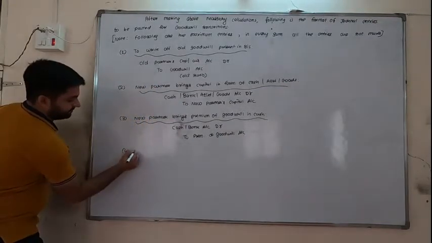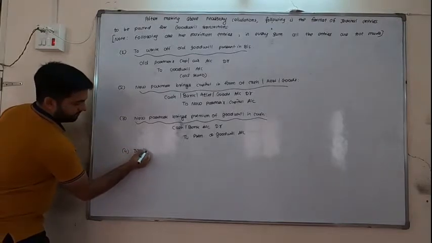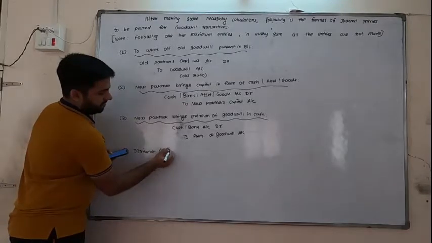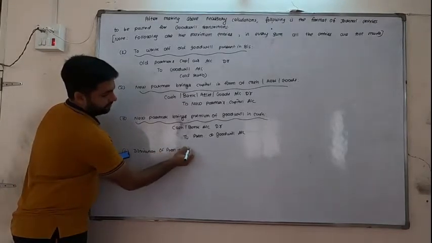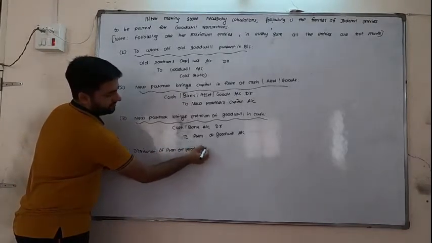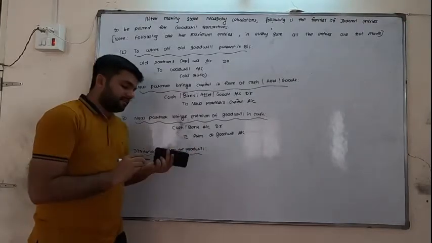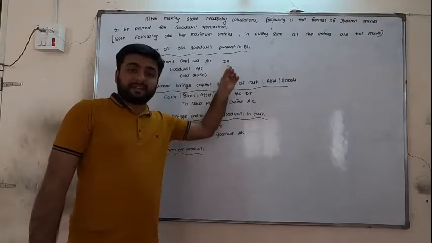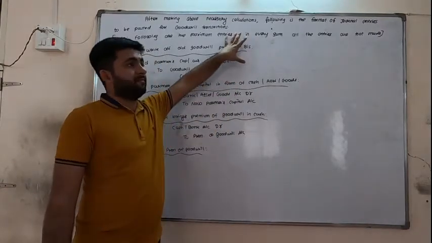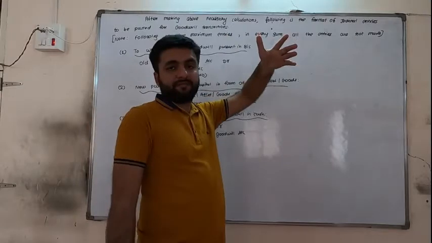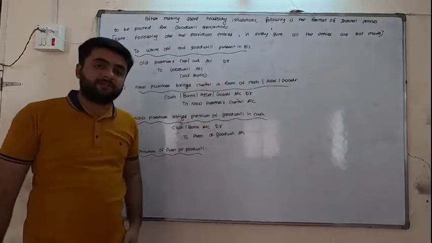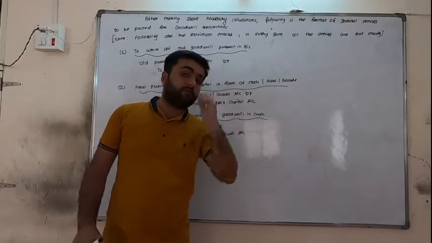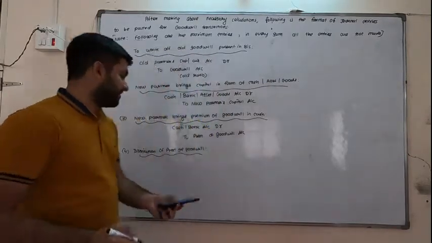Fourth entry, distribution of premium of goodwill. We will write premium in short form. When a new partner is bringing that premium of goodwill in cash, that same is to be distributed. The paragraph which I have given before was telling that when a new partner is bringing premium of goodwill, it is to be distributed among old partners in their sacrificing ratio.